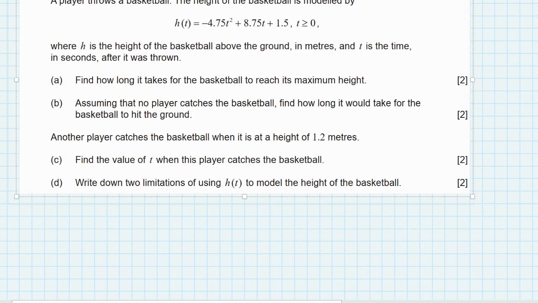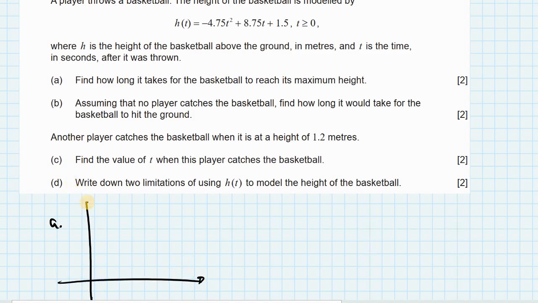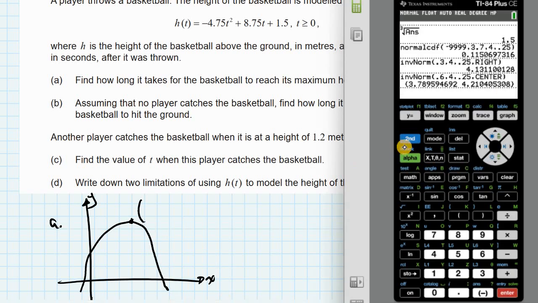But to do that, we have to sketch it. You don't need to draw it clearly, just sketch it. So question A, we have something like this. This is the x, this is the y, and then your graph looks like this. And then what's the maximum?